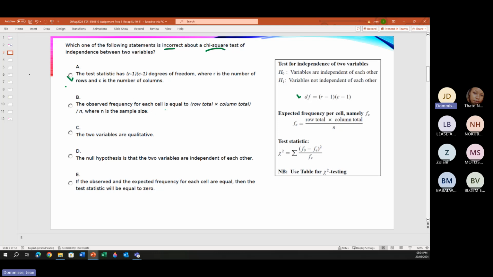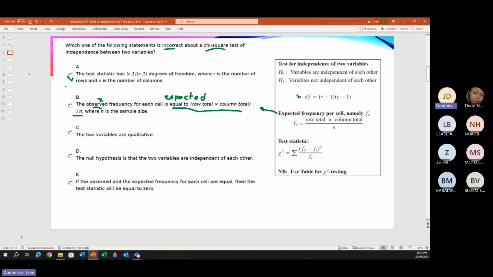What they are describing here is not the observed, but the expected frequency. That would have been a perfect way of describing the expected frequency: row total times column total divided by n. So that is expected and not observed.